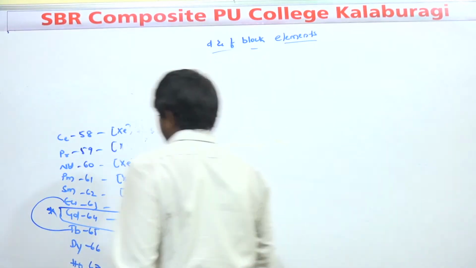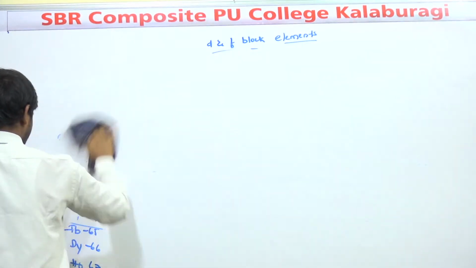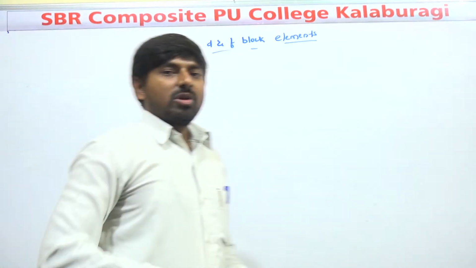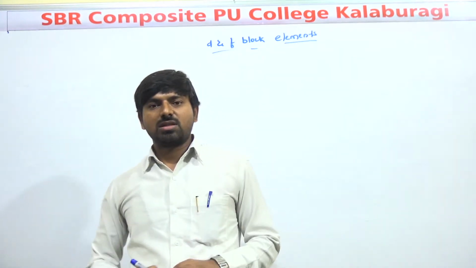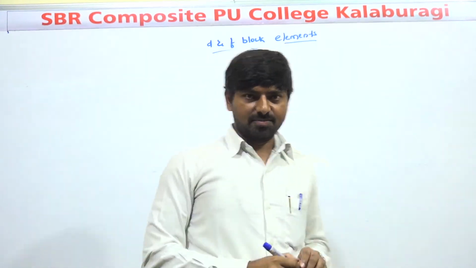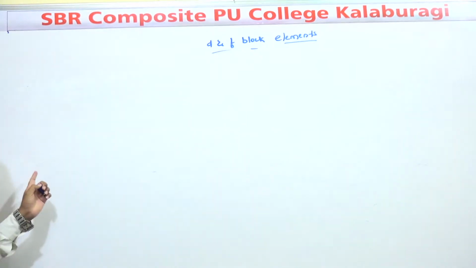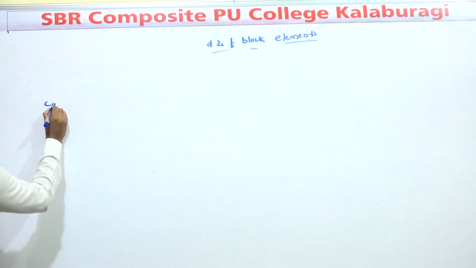Now the next heading is oxidation state. The common oxidation state of the f block is +3. Right? It means where these lanthanide series elements feel stable.